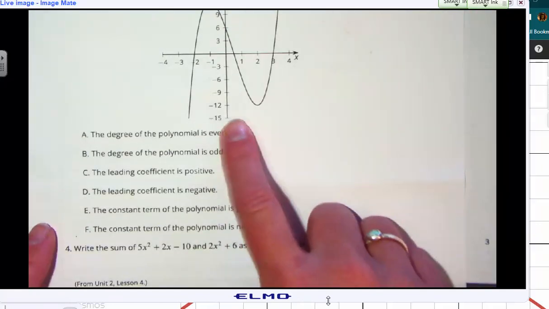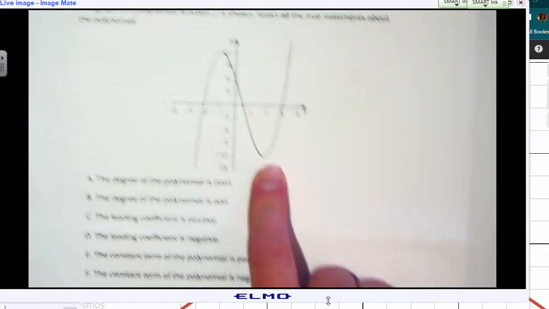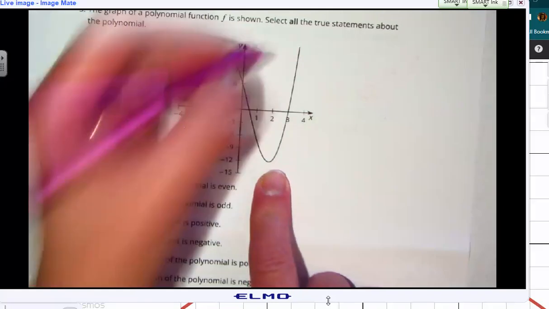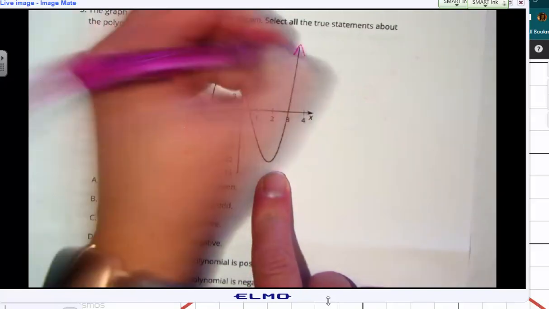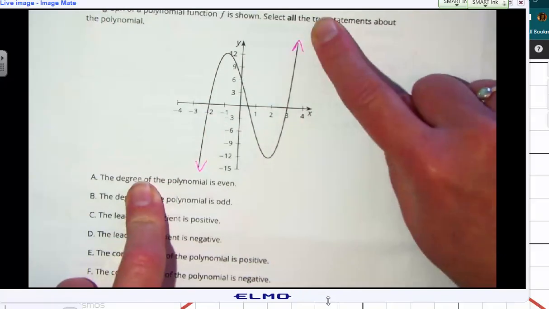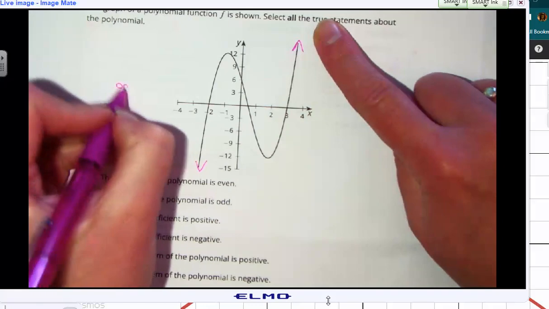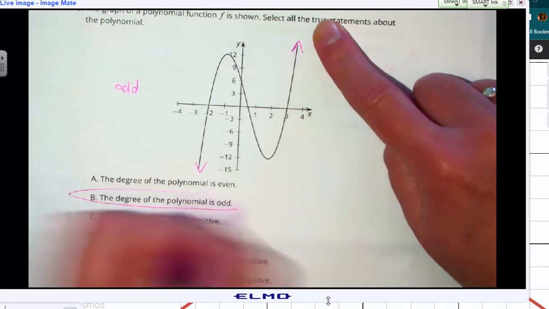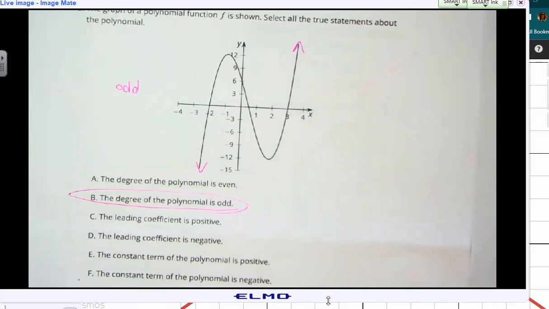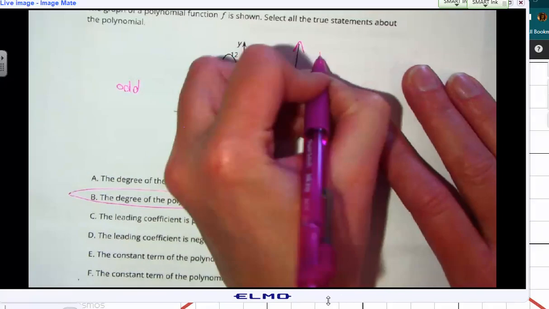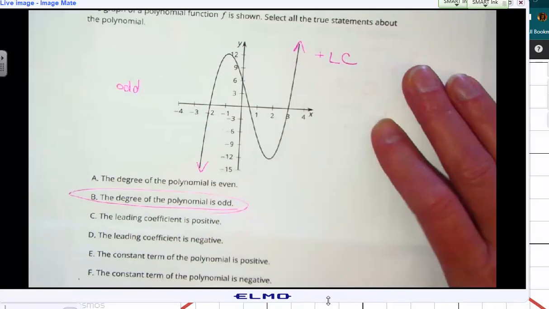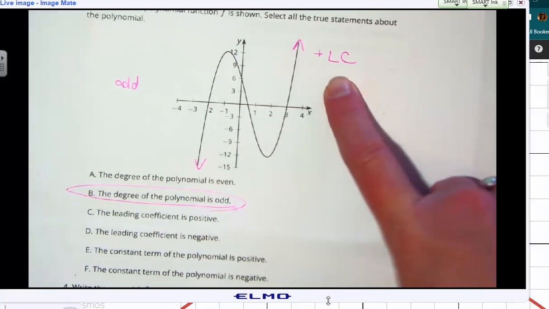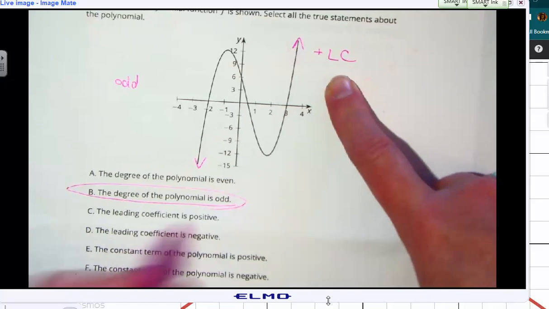We can start to see some neat things going on here. We have down, up, end behavior. They're going opposite directions, so I know it has to be an odd degree. B is true. The left side is going down, the right side is going upwards, so I have to have a positive leading coefficient.